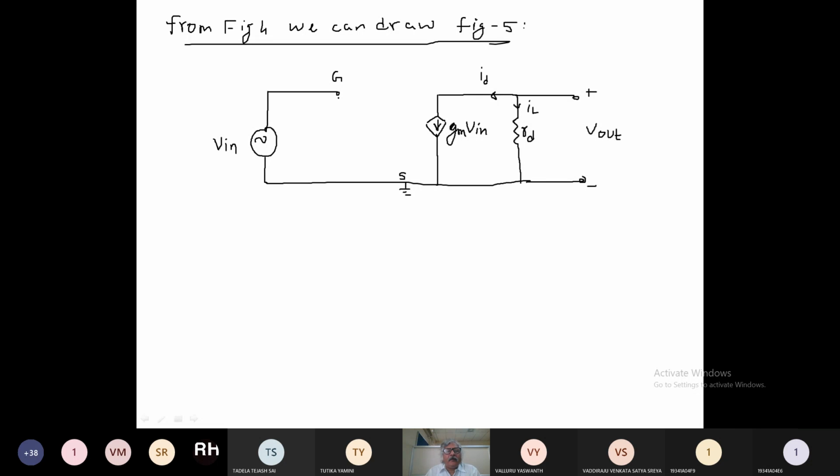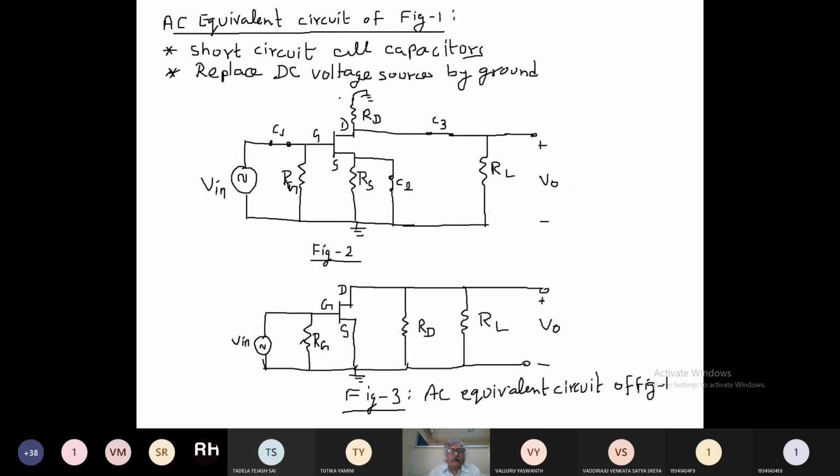Now you can see in this figure also, RG is connected. This resistance is very high and this is Vin. So almost all the Vin is available across this RG, right? Because it is a very high resistance.